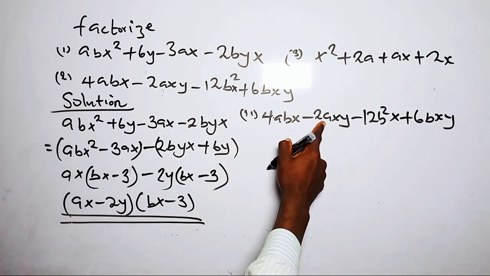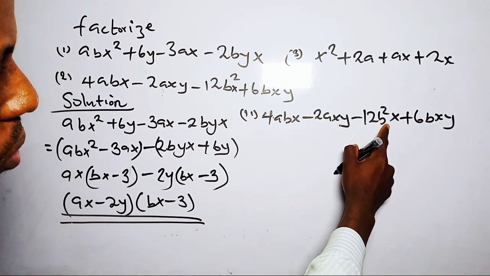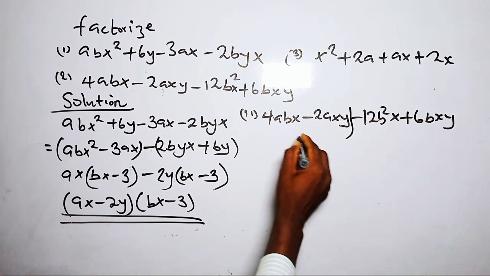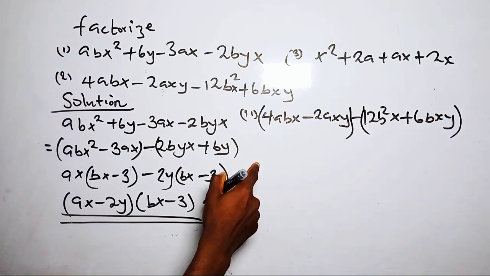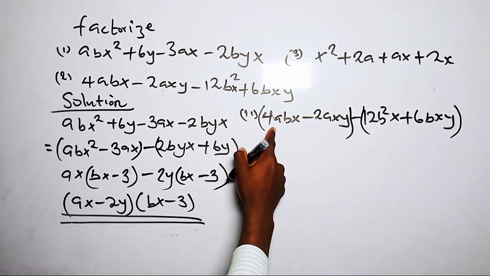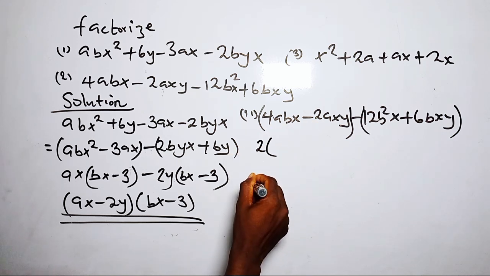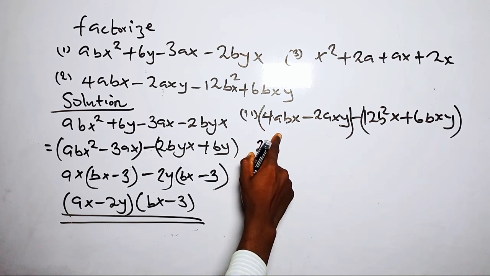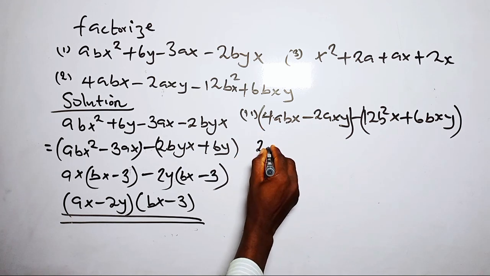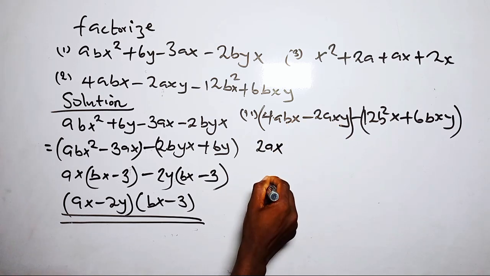We have ax, okay, we have b squared x, so we can group it directly from here, and look for what we can use to factor. So we look at 4 and 2, so we can factor out with 2. Okay, sorry, we have 2, we have a, okay, we have x, so we have it like this.